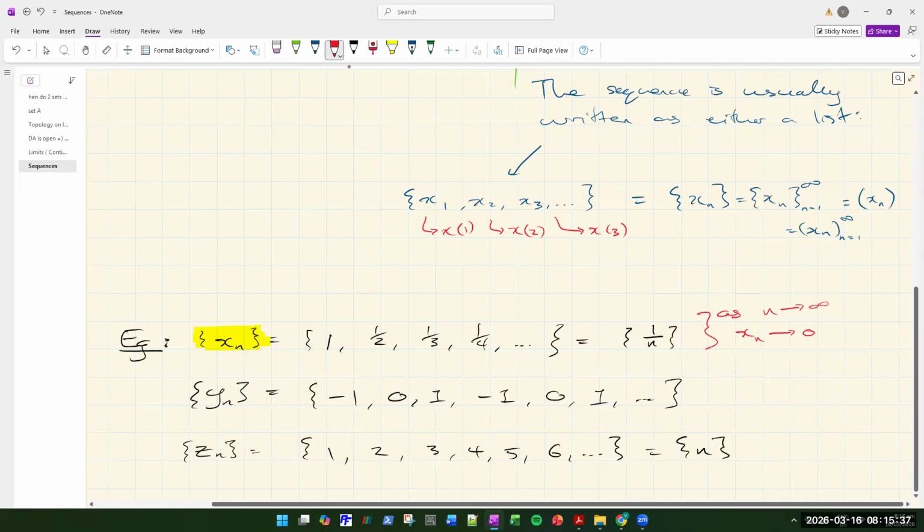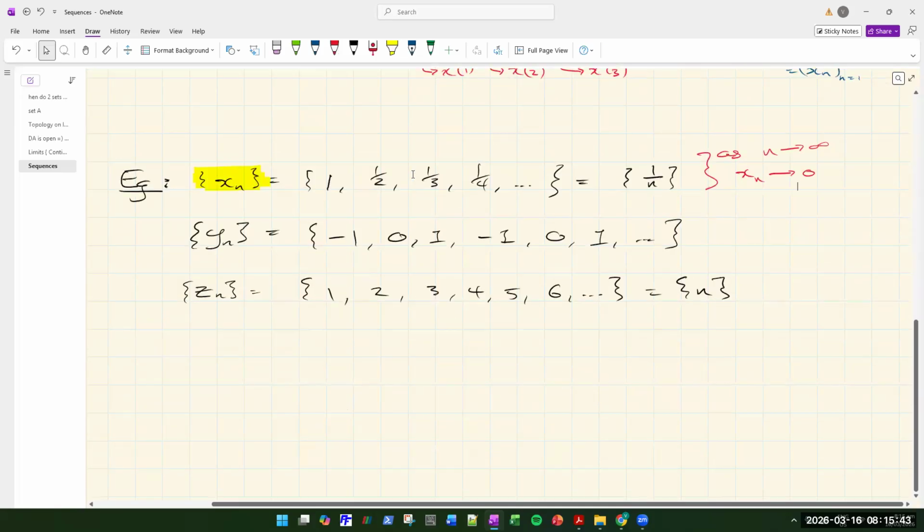Or it's a limit point. So I want to, in a similar sense, use the idea of limits, but now apply it to sequences. So how could we do that?